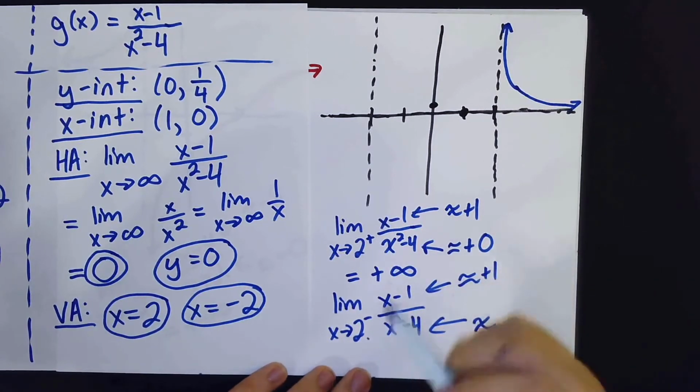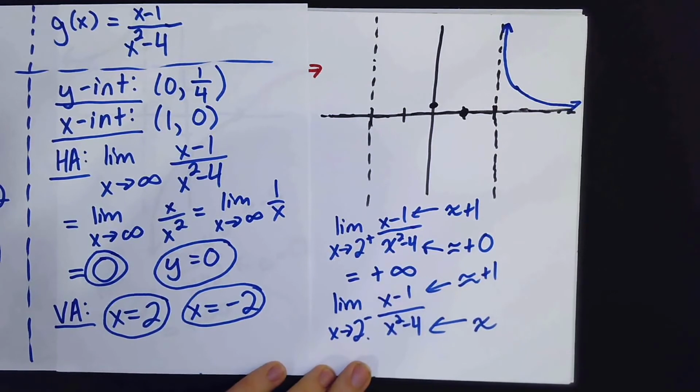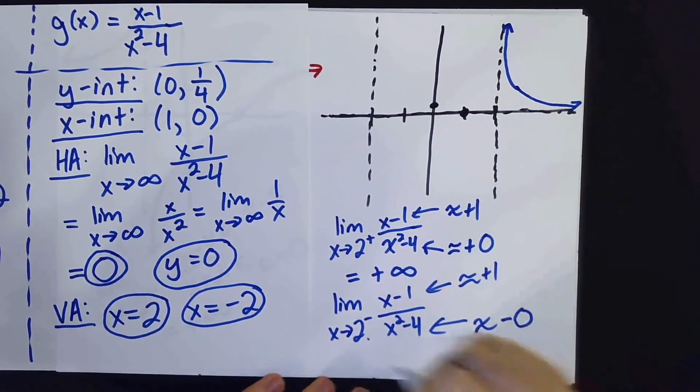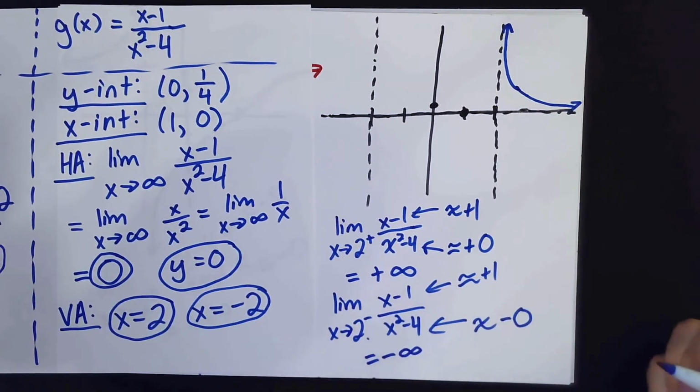But the denominator, now I'm taking a number a little less than 2 and squaring it. If I square a number that's a little less than 2, I'm going to get a number that's a little less than 4. So when I then subtract 4, I'm going to have something negative. And so I'm going to get a negative 0 here, which means that this limit, in fact, is minus infinity.